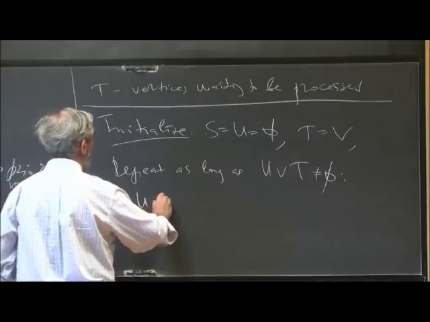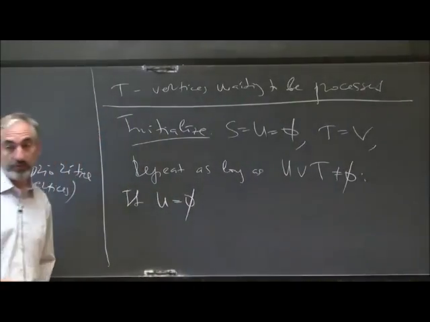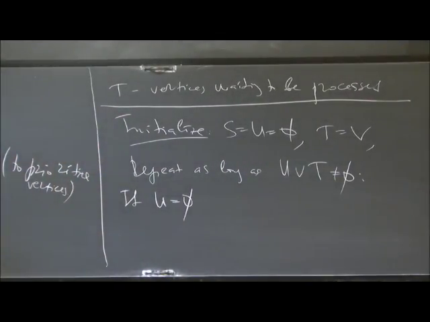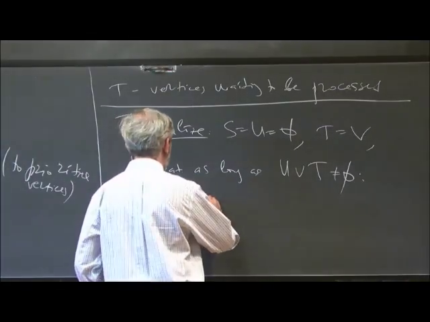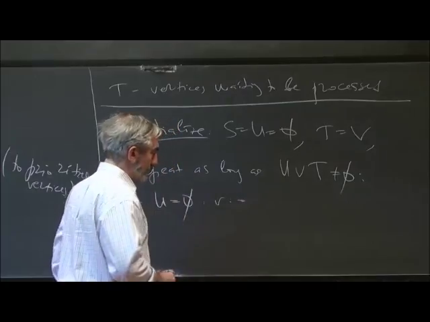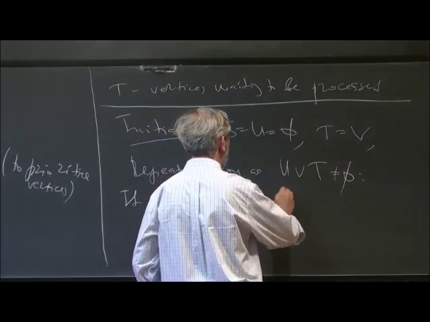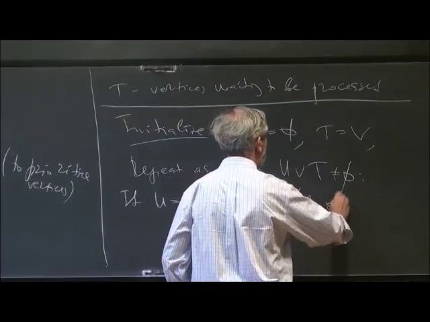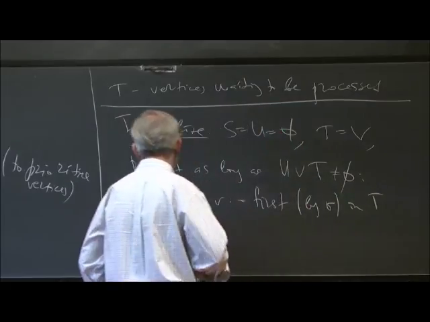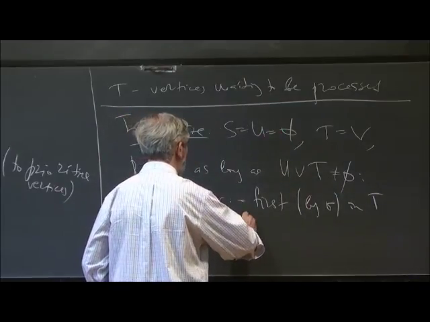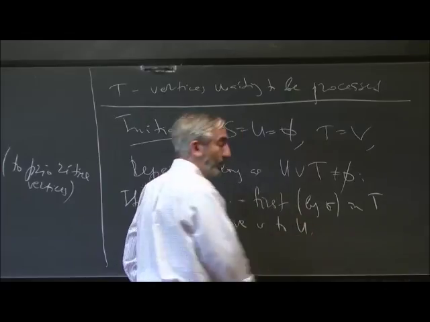If U is an empty set, for example, in the beginning or in a transition from a component to a component, then we take the first vertex in C, first by sigma, and we move v to U.